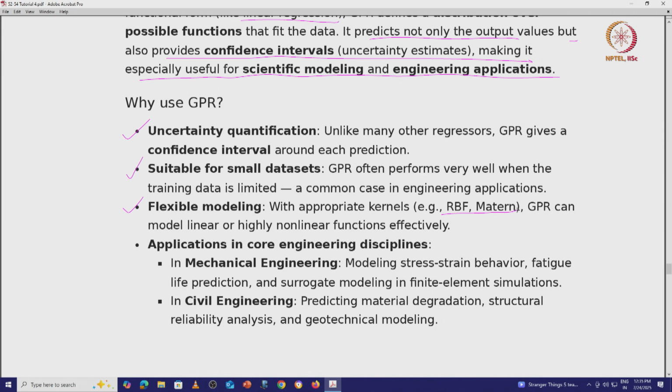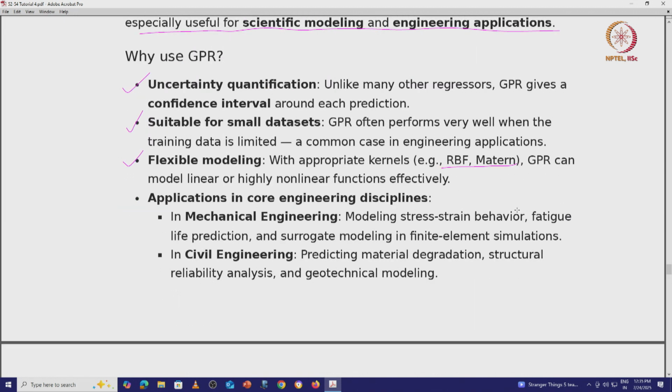So you can think of various applications in core engineering disciplines. A mechanical engineer may be interested in modeling the stress strain behavior, fatigue life prediction, and surrogate modeling in finite element simulations. So if you want to develop an ML model for a finite element simulation, you can think of GPR. You will also have an uncertainty estimate of the flow field or the temperature field or the pressure field at a certain point in space.